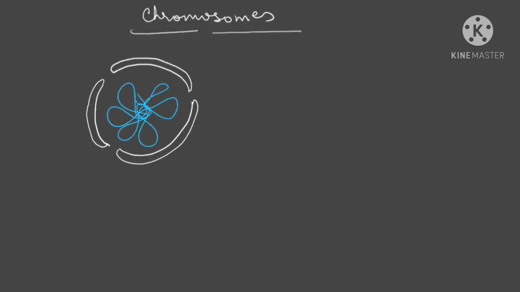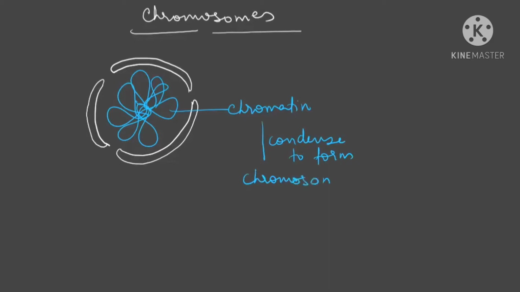This thread-like structure called chromatin condenses to form chromosomes at the time of cell division. At the time of cell division, in place of the nucleus, you find chromosomes.